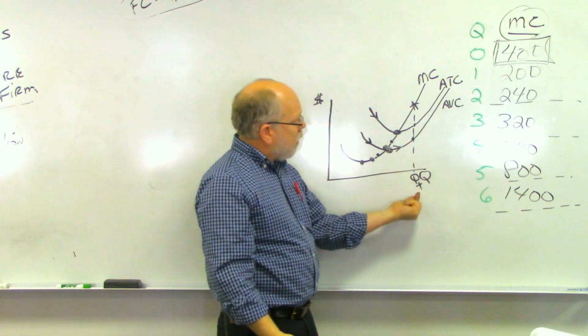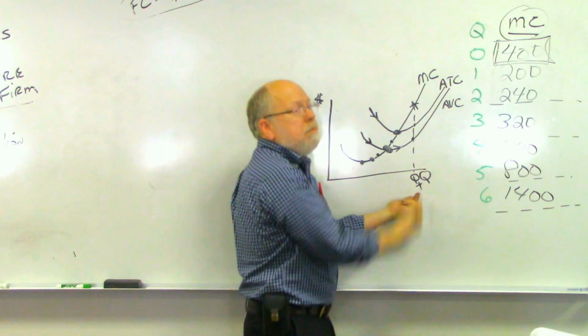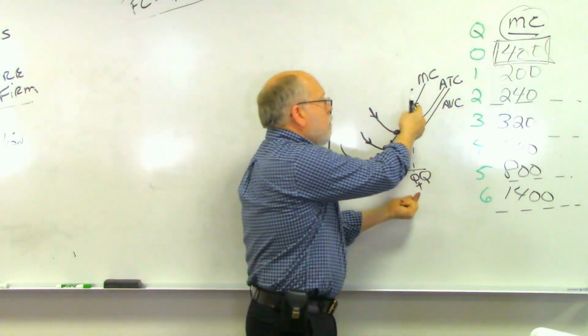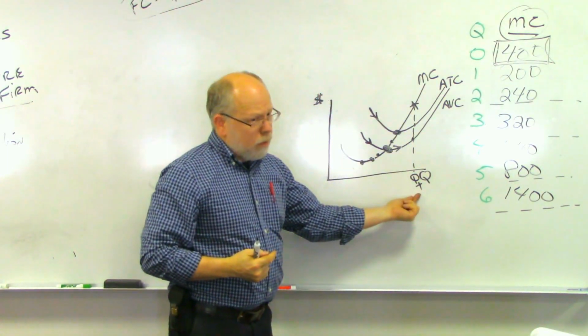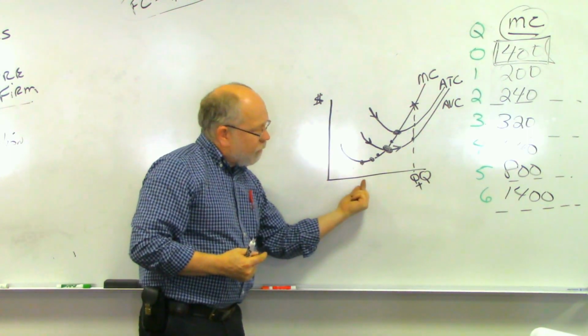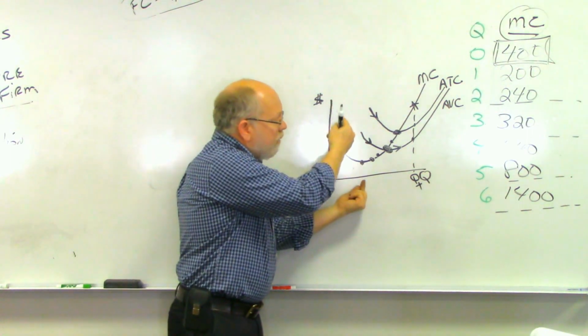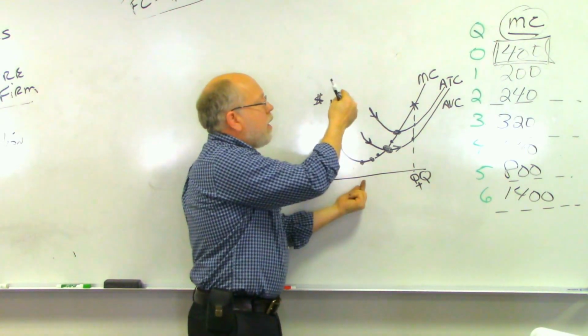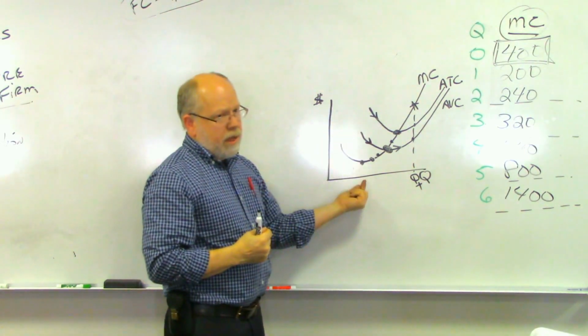So at this output, the marginal cost is bringing them both up because our marginal cost is above them both. Over here at an output of, say, maybe 5, it's bringing our average total cost down, and it's bringing our average variable cost down.